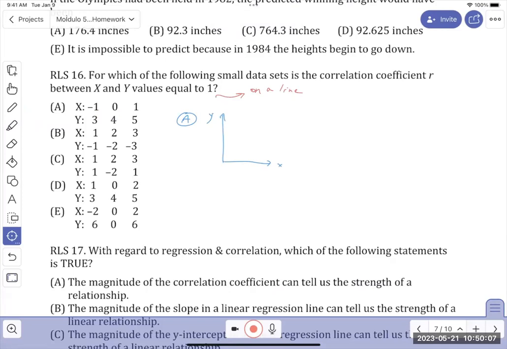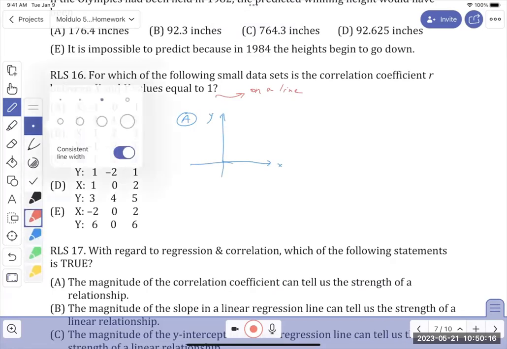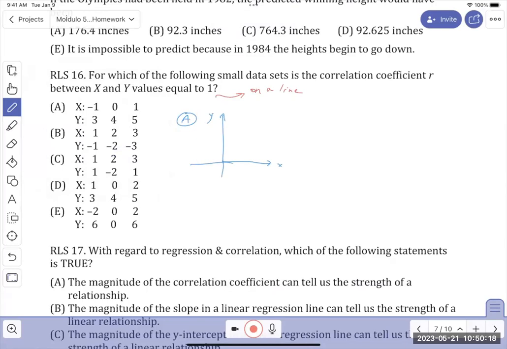Maybe I gotta do it. So X is -1. Y is 3, so I'm gonna put a dot here. Let me mark my axis.